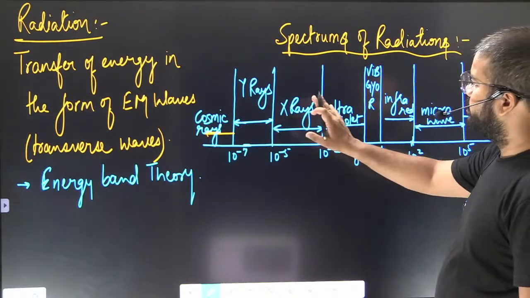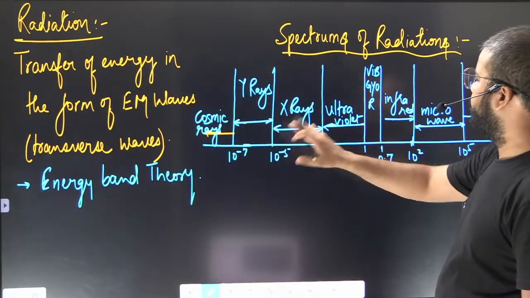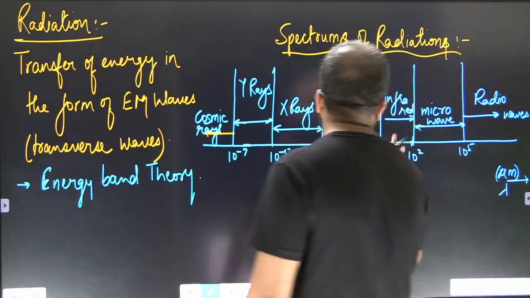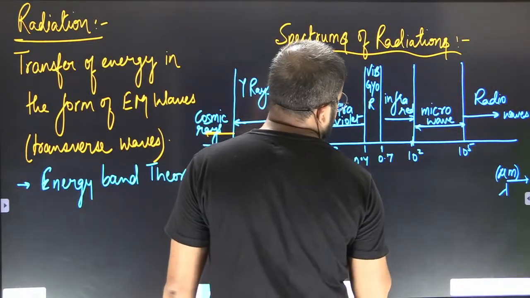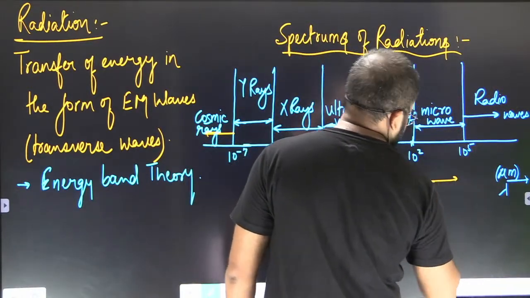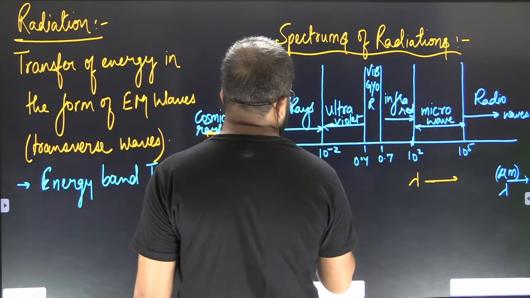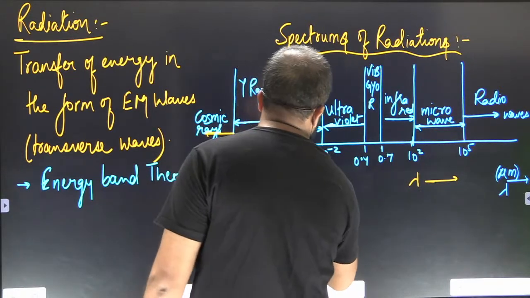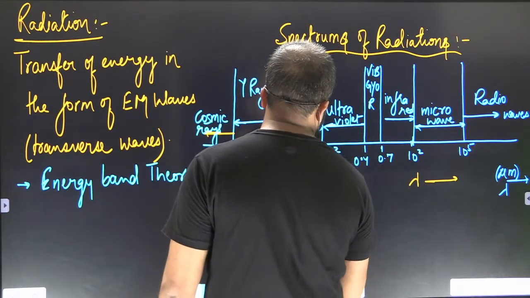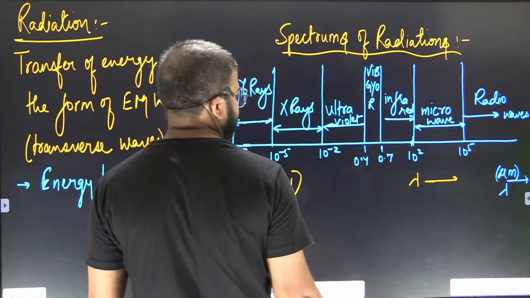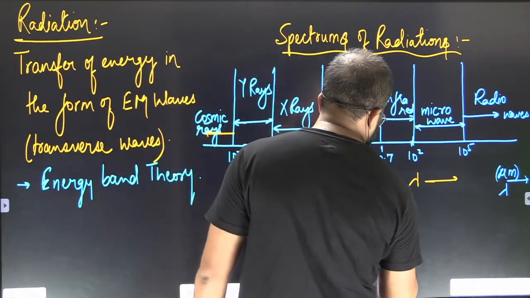X-rays, gamma rays, cosmic rays, ultraviolet, VIBGYOR. This is our visible range. From here you can infer that wavelength increases in one direction, and in the other direction frequency, nu, increases, because nu equals c by lambda.